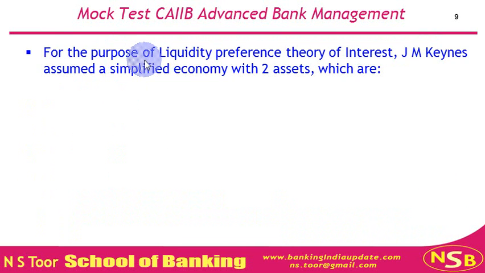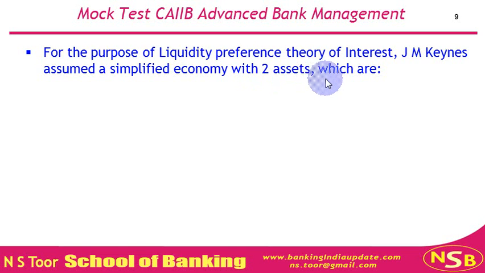For the purpose of liquidity preference theory of interest, J.M. Keynes assumed a simplified economy with two assets only. According to the liquidity preference theory of interest, J.M. Keynes, the propounder of that theory, made assumptions of a simplified economy where only two assets exist.